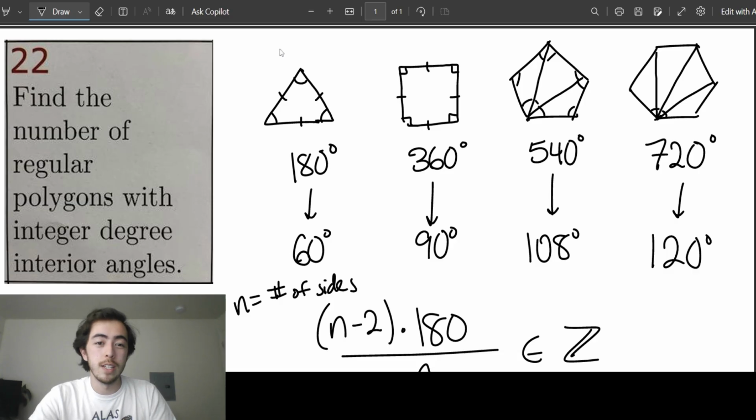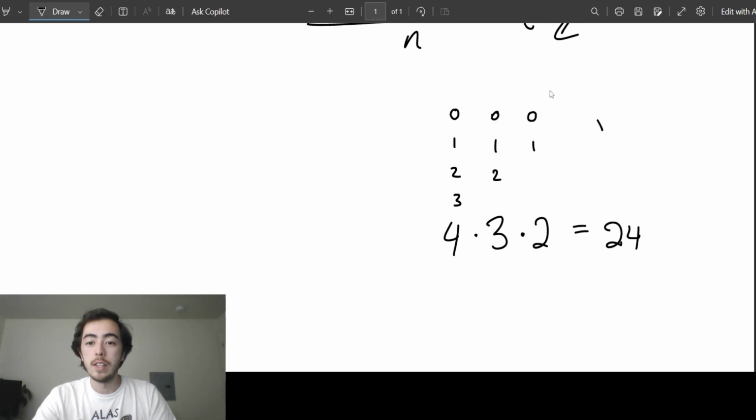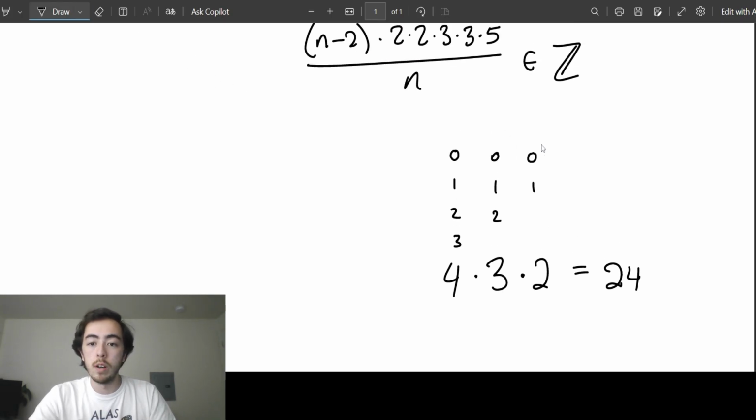Earlier, though, I did say that n equals 3 is the smallest possible value for n, and this strategy right here is accounting for the numbers 1 and 2. The number 1 is right here where I pick no 2's, no 3's, and no 5's. That's the number 1. And then I also have the option here to pick one 2, no 3's, and no 5's. That's just the number 2.